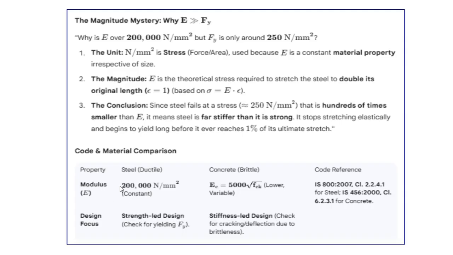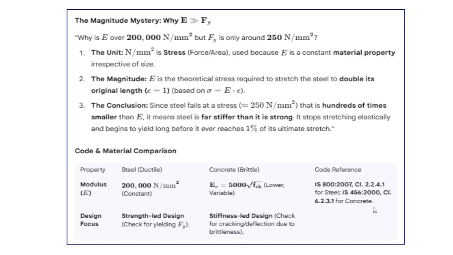Modulus of elasticity: steel is 2 lakh Newton per mm², constant, and you know that concrete is brittle and has Ec, the modulus of elasticity of concrete, as 5000 root of fck. Here fck is the characteristic strength of the concrete. It changes with respect to the grade of the concrete, so it is lower compared to steel.